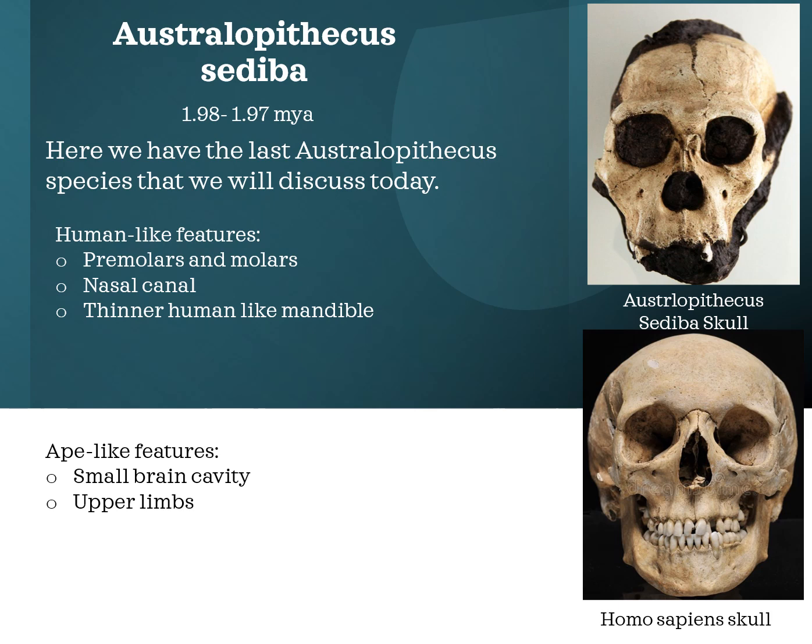Nevertheless, despite these changes in the skull, other parts of Australopithecus sediba still display several ape-like features, like longer upper limbs and a smaller brain cavity.